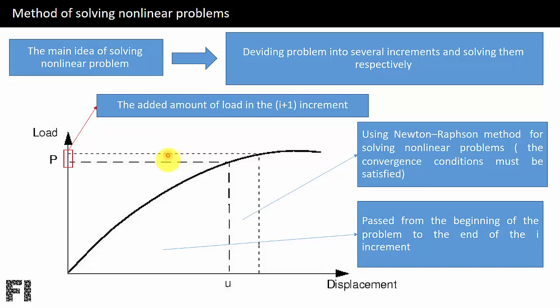In fact, this fraction of load will be added to this part, and then the total force will be applied to the system, and the new displacement and stress and strains are calculated.